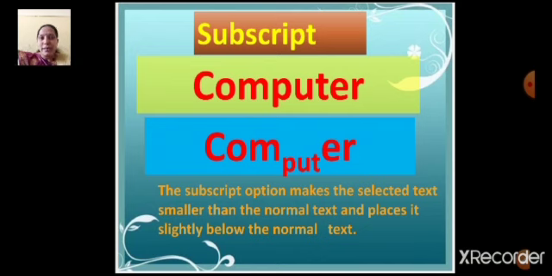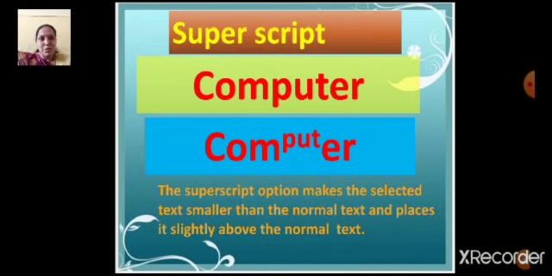Let us see what happens when we use the Superscript option. Here you can observe the computer word used with the Superscript option. Here for the same letters PUT I have used Superscript.